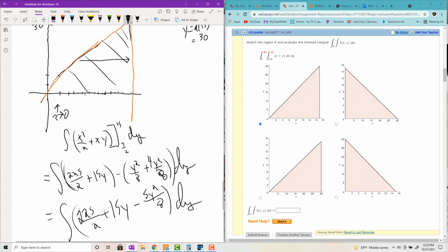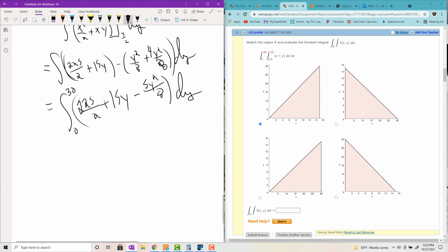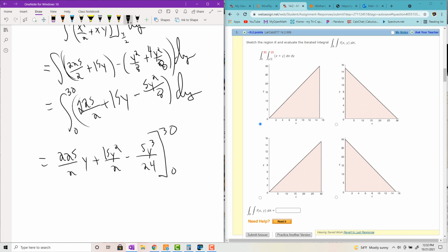And then we're integrating from 0 to 30. It's awfully nice of them. So 225 over 2 y plus 15y squared over 2 minus 5y cubed over 24, from 0 to 30.